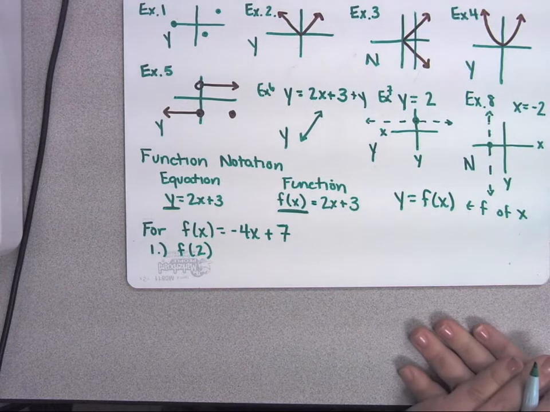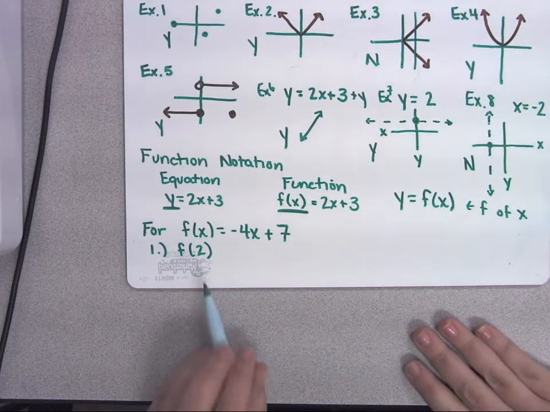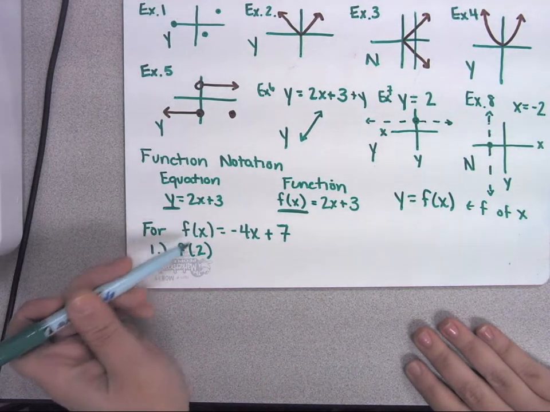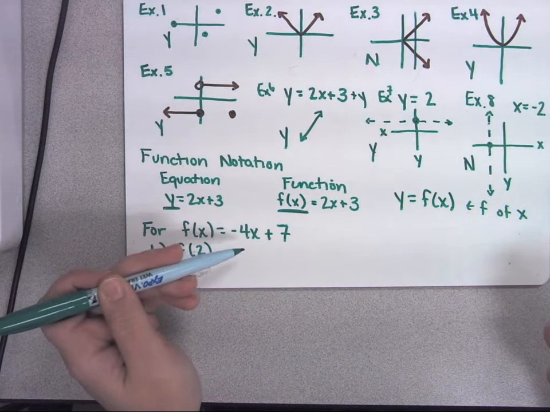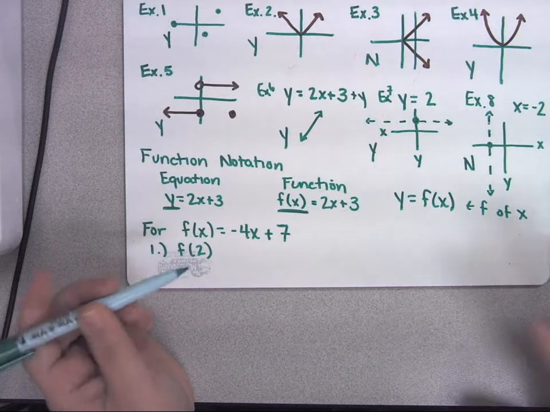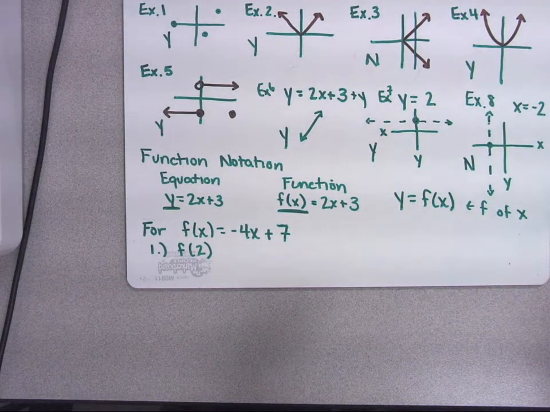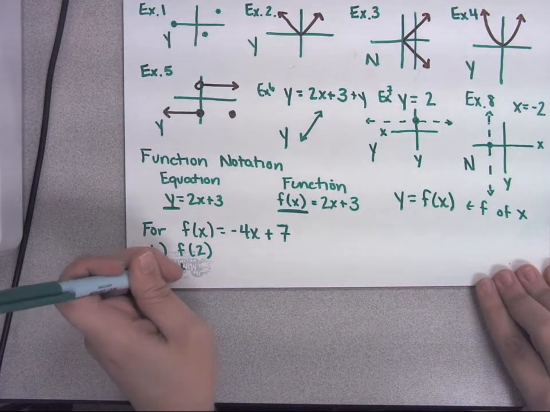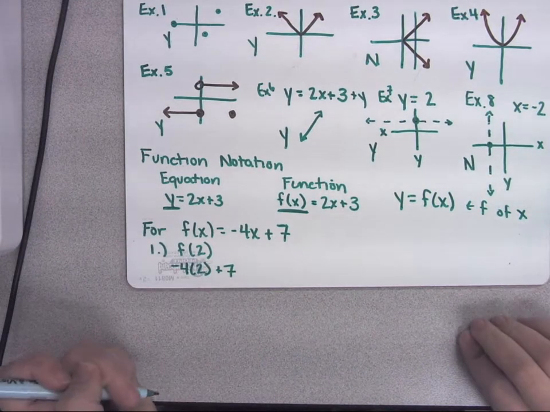So in the parentheses, instead of x, what do we got? 2. So we replaced x with 2. So what are we going to do in the equation? Replace x with 2. When you plug something into an equation, what should you put around it? Parentheses. So you just put negative 4 parentheses, 2 parentheses, plus 7. Type that in, or please do it in your head.